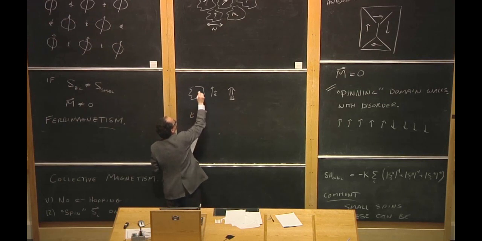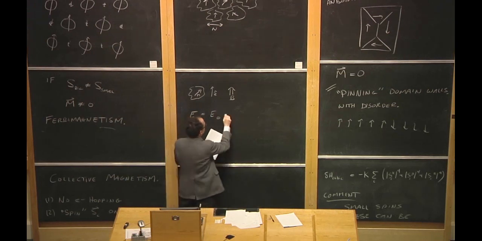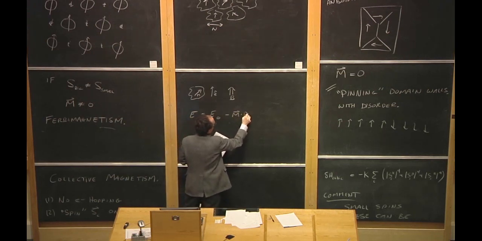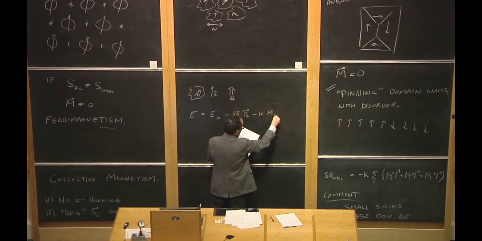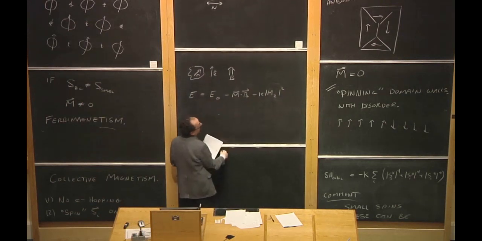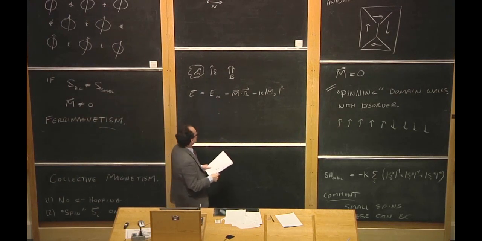The magnetic moment can be pointing in any direction we like. The energy of that crystallite is some E naught, minus m dot B, and then there's the anisotropy energy, minus kappa mz squared, which wants the magnetization to point either directly up or directly down.